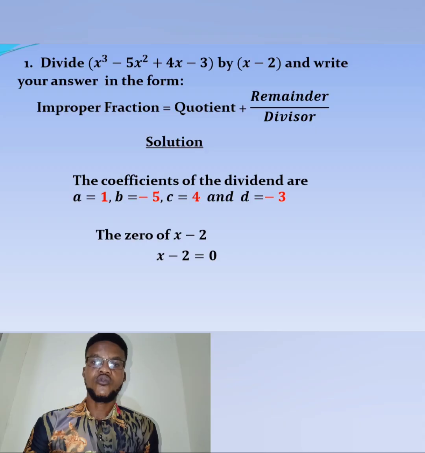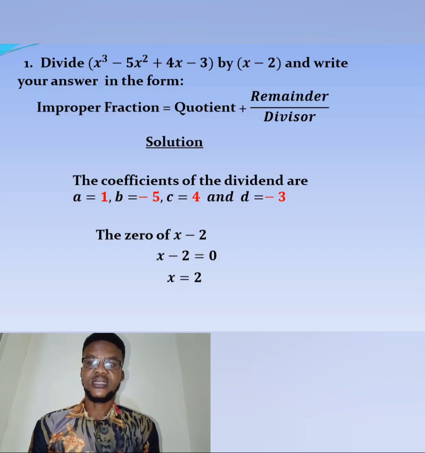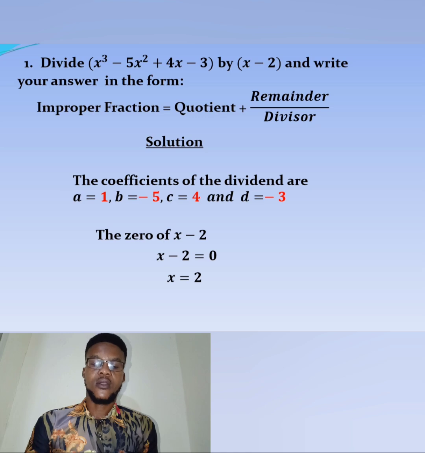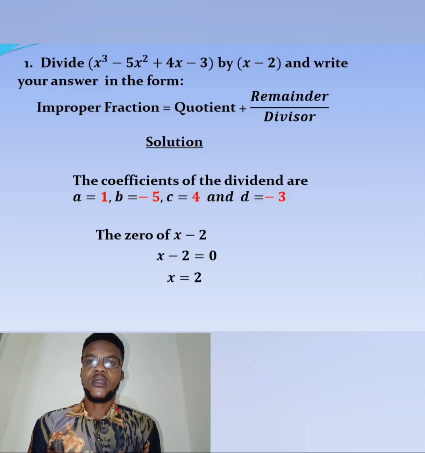You only equate to 0 and solve for x like this. That is how we find the zeros of a function. So our x becomes what? 2. So the 2 is the zero of that linear polynomial.